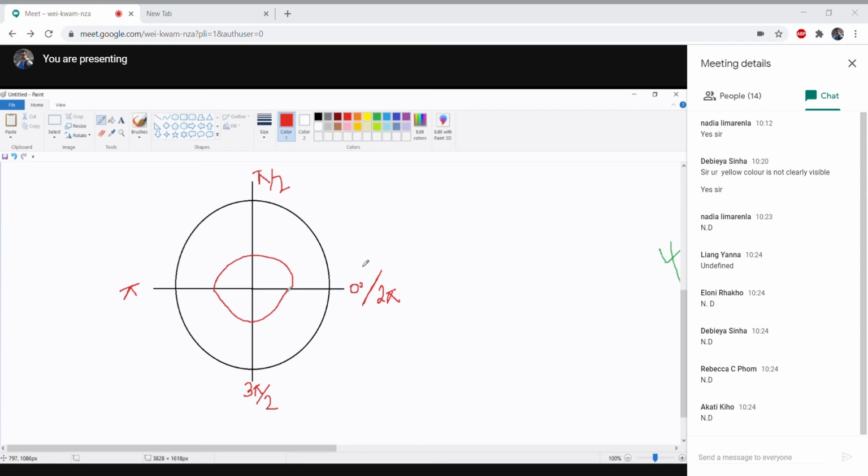So this is pi by 2, pi, 3 pi by 2, and this is 2 pi. Now let me know what is the sine 3 pi by 2 value and sine pi by 2 value. In the comment box, please let me know.